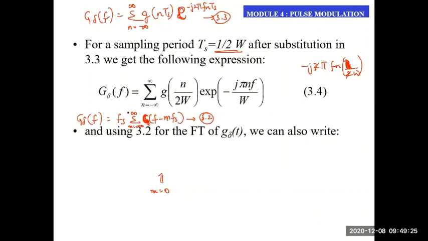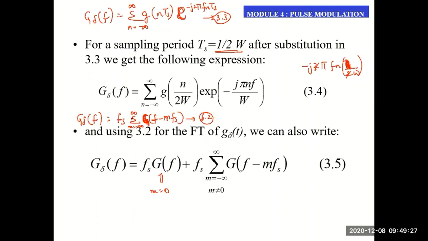Okay. So now this G of f, I'm using the condition when m is equal to 0. I'm taking it outside separately because I want to do some more simplification with that. So if I extract the condition when m is equal to 0, this becomes Fs into G of f, plus whatever I have here, I'll retain as it is, plus Fs summation m equal to minus infinity to infinity G of f minus m Fs.